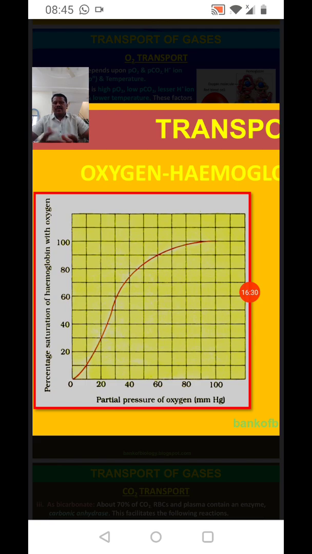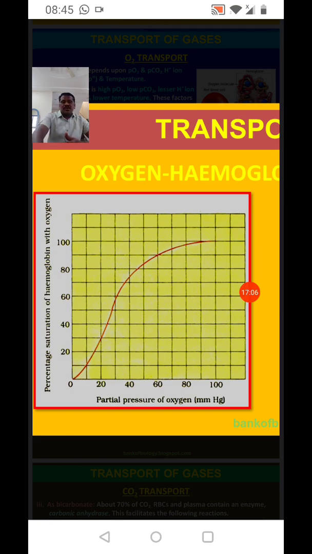Okay. Suppose if hemoglobin combined with the 4 oxygen molecules, then it is called 100% saturated. Suppose if hemoglobin binds with only 2 oxygen molecules, then it is called 50% saturated. If it is only combined with 1 oxygen molecule, then it is known as 25% saturated. Understood?